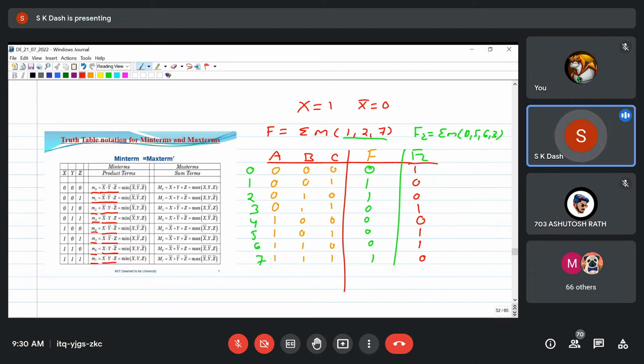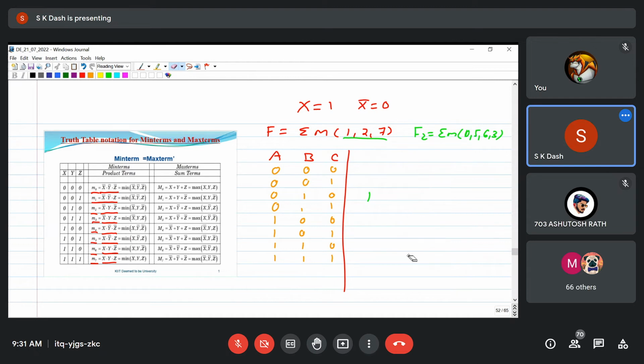If you are not comfortable, just write it out. Then write 1 for the corresponding rows. 0 means this is 1. 3 means this is 1. 5 means this is 1. 6 means this is 1. So this is all about the min terms.